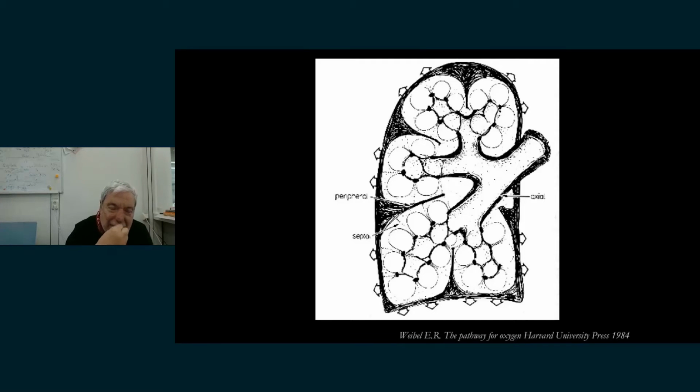This is part of Weibel's work, in which he showed how the skeleton of our lung is interconnected. Starting from the outside, the visceral pleura, we have the septa, and everything is connected. So we have a single skeleton.